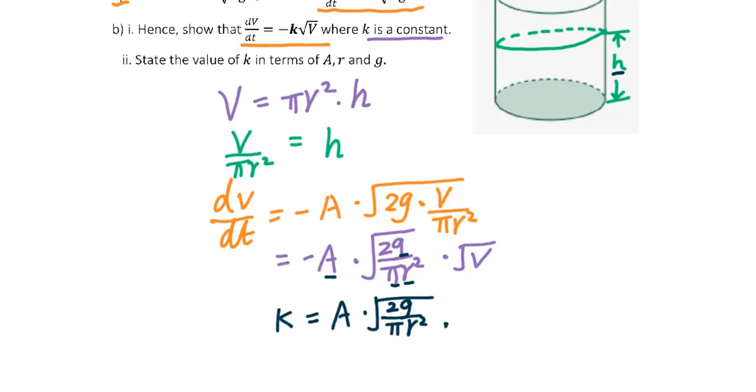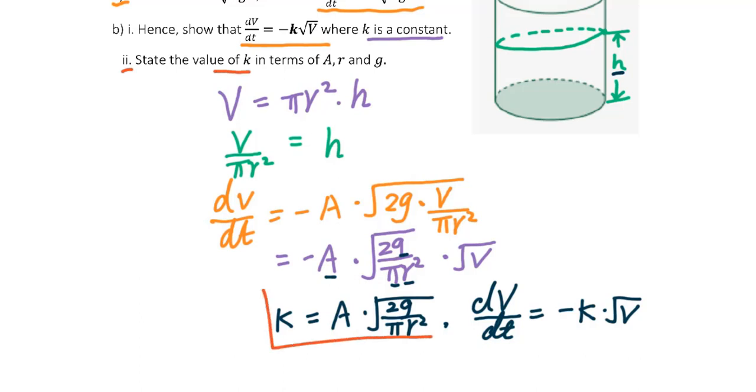Therefore, we can rewrite this differential equation as dV/dt equals negative k times the square root of V. For the second part, state the value of k in terms of a, r, and g. We already stated it here.